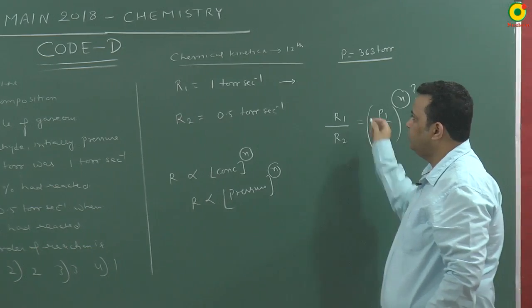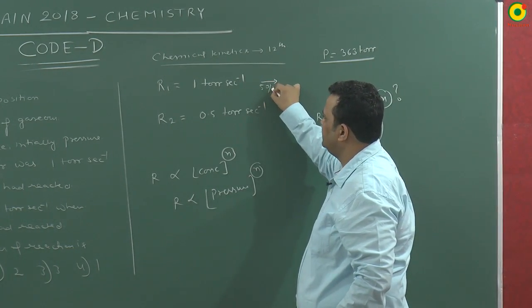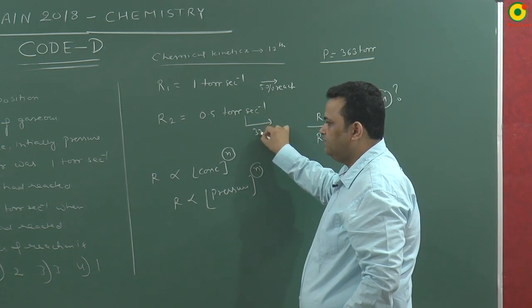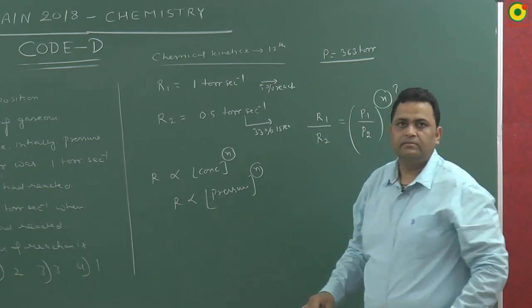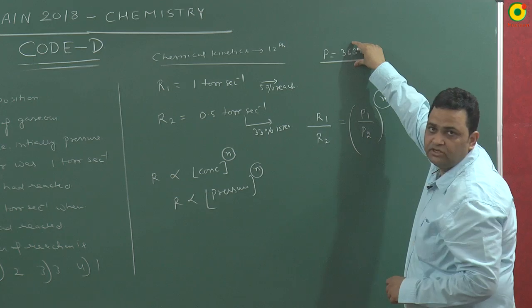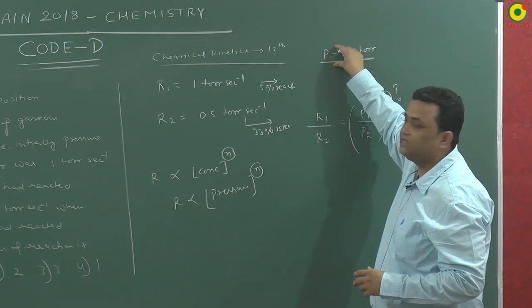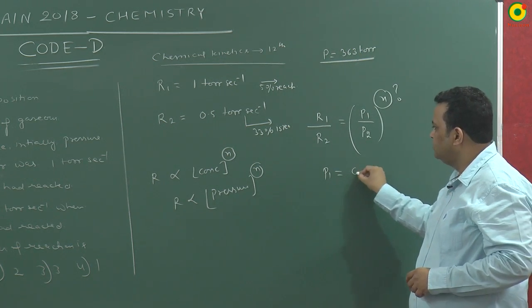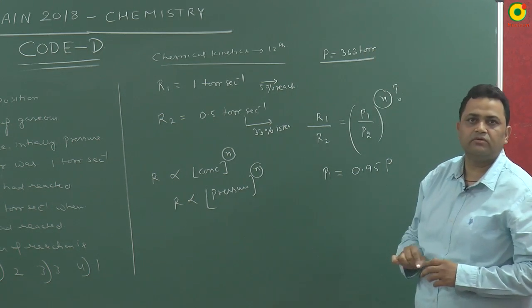Now what is the value of P1? P1 means this is the rate when 5% has reacted, and this is the rate when 33% has reacted. This was the initial pressure and 5% has reacted, which means 95% of this is remaining. So P1 must be equal to 0.95 times P, where P is 363 torr.